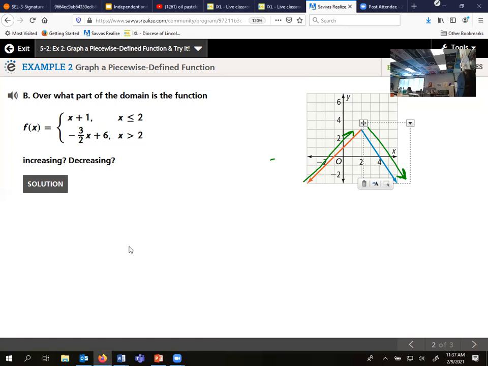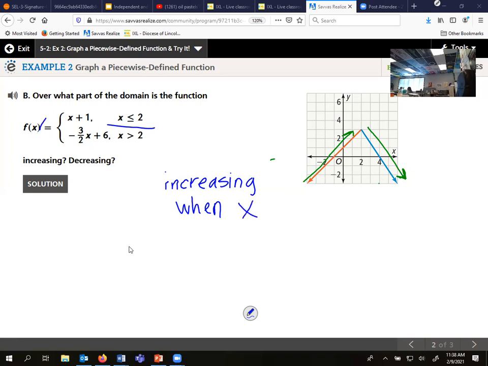So you wouldn't necessarily draw a line. We would say it's increasing when it's this line, and this line was our first one, and that's when x is less than or equal to 2.